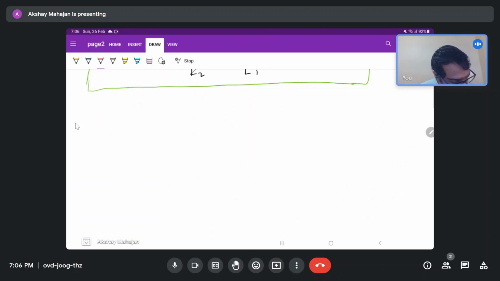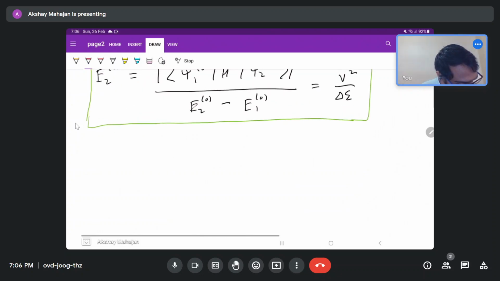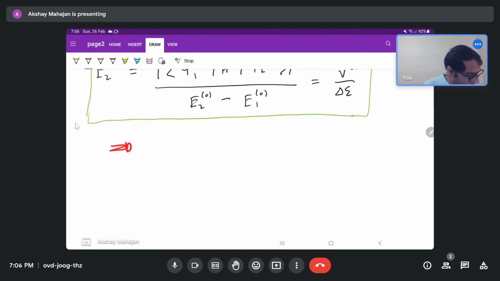Now we have this energy state, psi 1 of the zeroth order, and this is psi 2 of the zeroth order. All right.